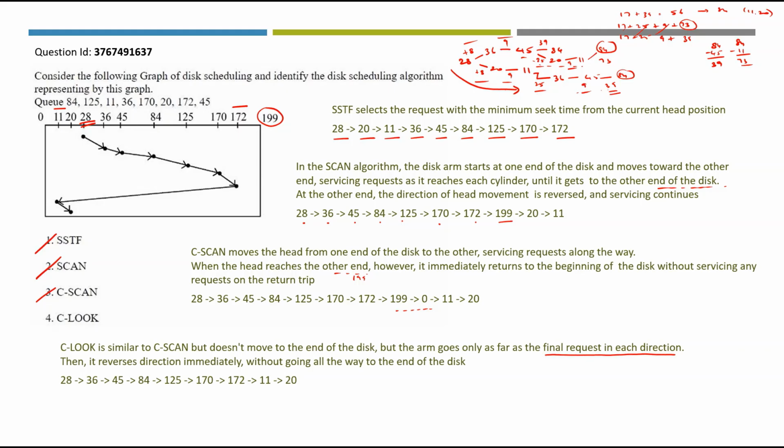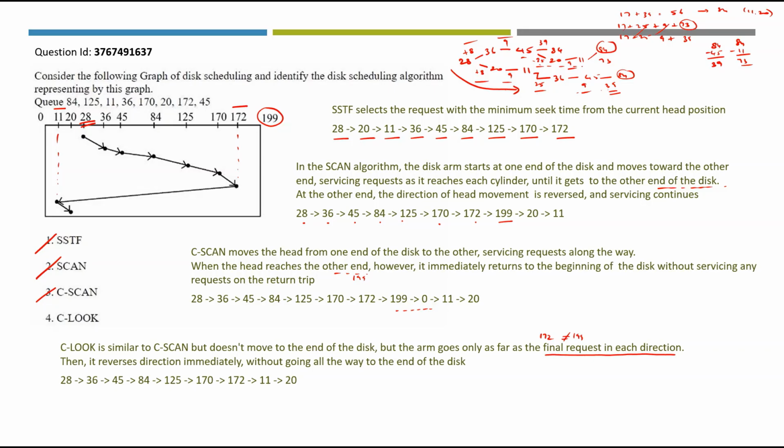So the travel will be till 172 at this end and 11 at the other end. Then it reverses direction immediately without going all the way to the end of the disk. It means it will go only till 172 and not to 199.